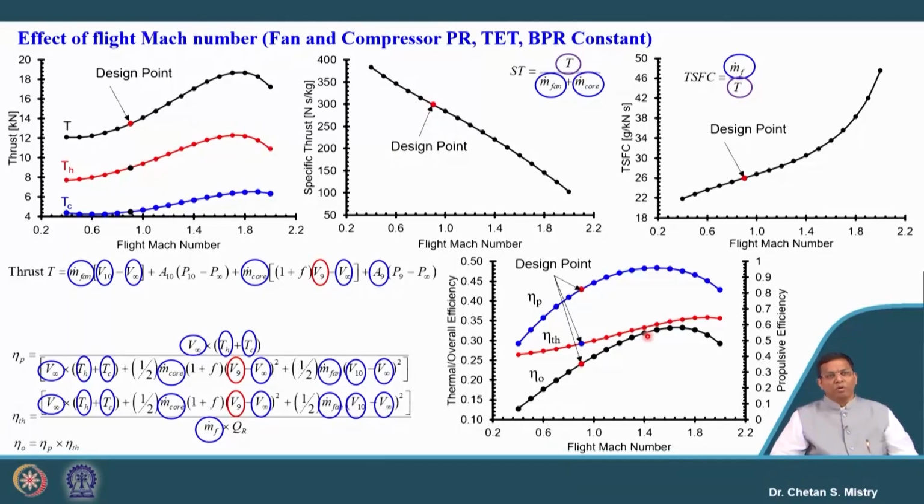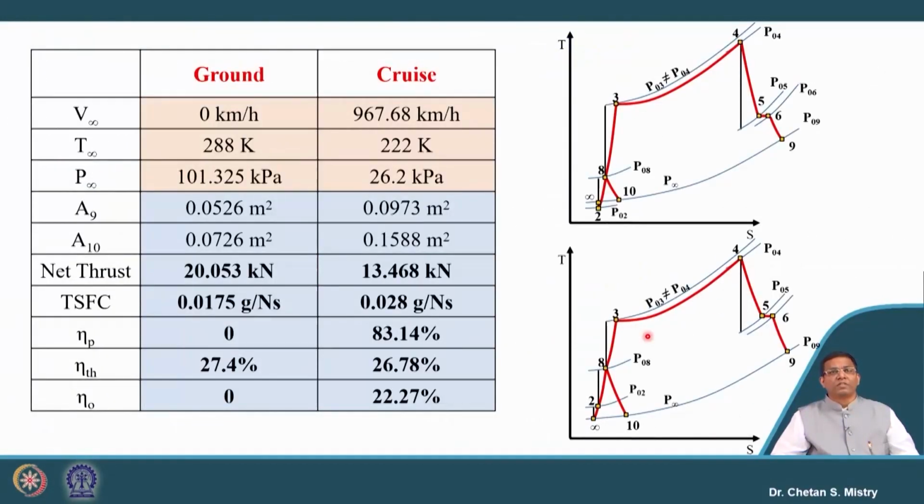So, till now, in the last lecture we were discussing the ground condition, and in this one we are discussing the flight condition. Let us try to compare these numbers here.